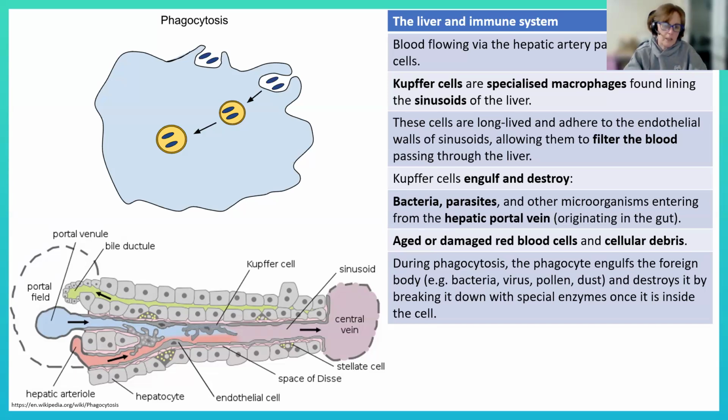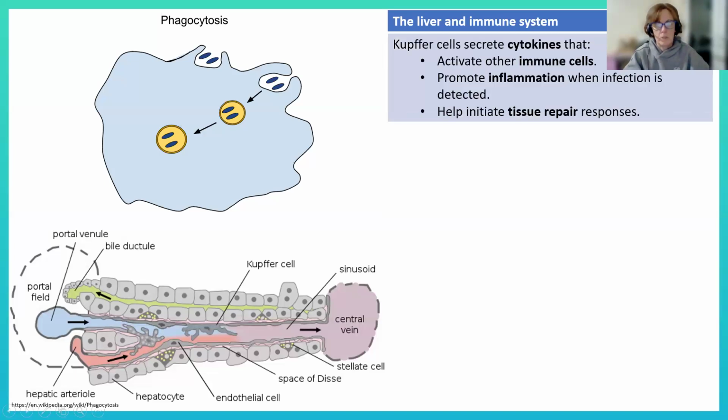Once these things have been phagocytosed, brought inside of the cell, they're then broken down with special enzymes found within the cell. So they'll be brought in and digested and broken down within the cell. What these specialized cells, these Kupffer cells, do is secrete cytokines. These are things that will activate other immune cells. They promote inflammation.